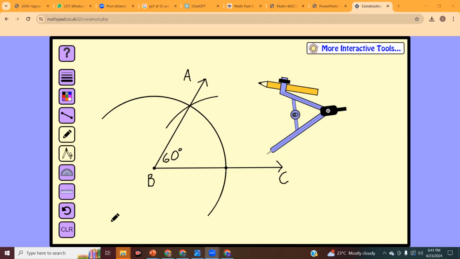Then our final step will be to draw a line intersecting the two arcs, and then measure with our protractor to see if it's 60 degrees. Thank you. So once you construct everything, you're gonna measure it to make sure it's 60 degrees.